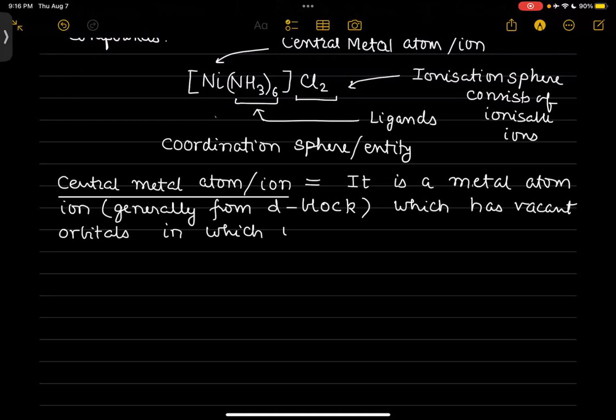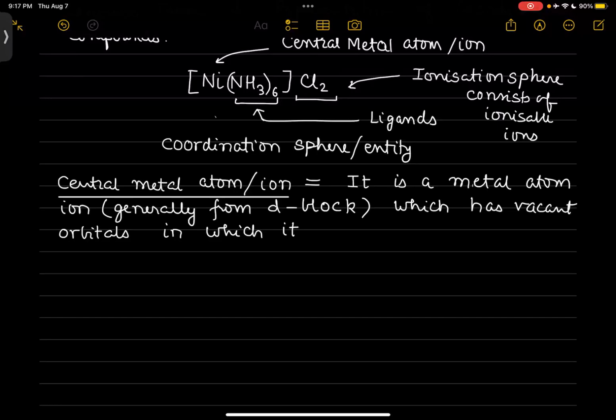Mostly they are metals, and mostly from the d block, but smaller ions like magnesium, in chlorophyll, are also complexes. Hemoglobin, that iron, is a complex of iron.